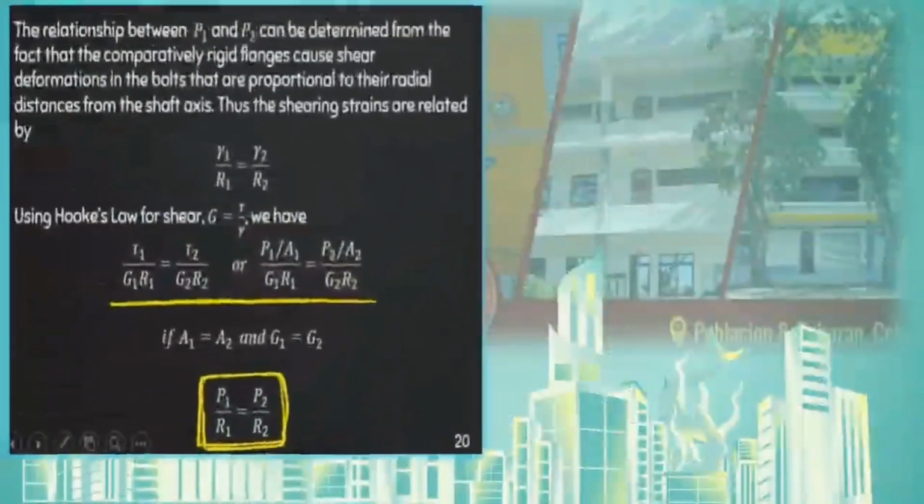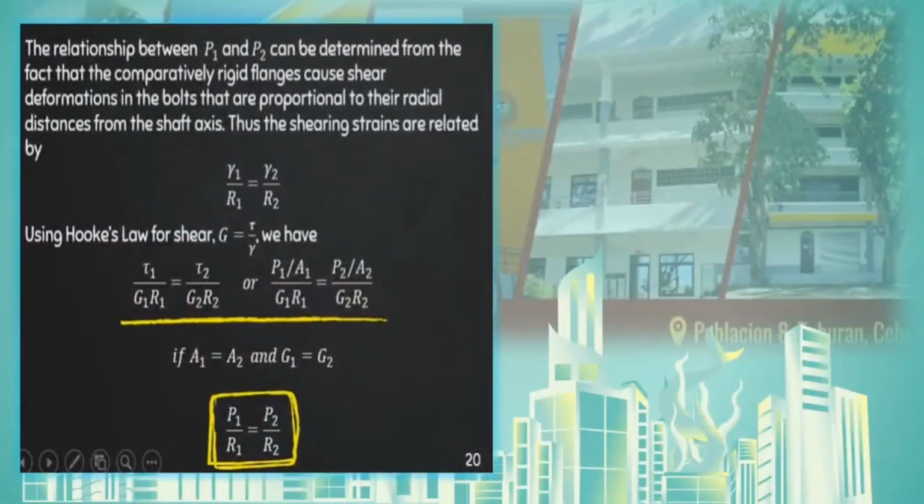We have here the relationship between P1 and P2, which can be determined from the fact that the comparatively rigid flanges cause shear deformations in the bolts that are proportional to their radial distances from the shaft axis.